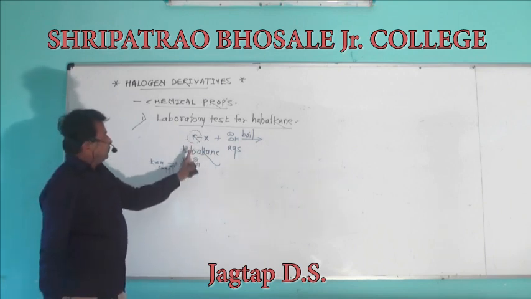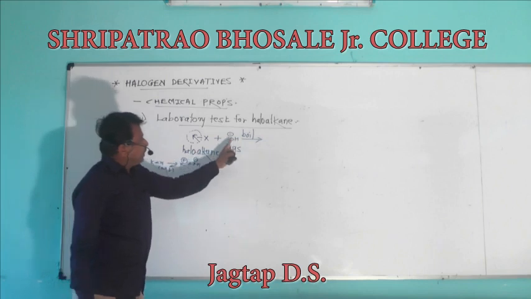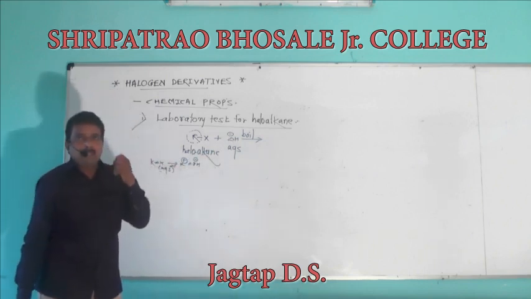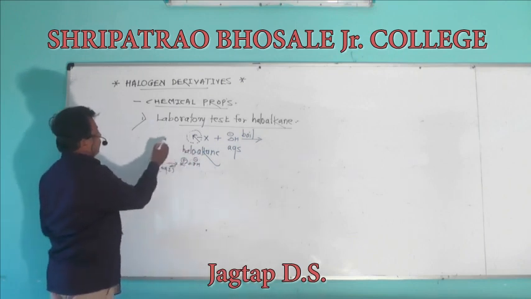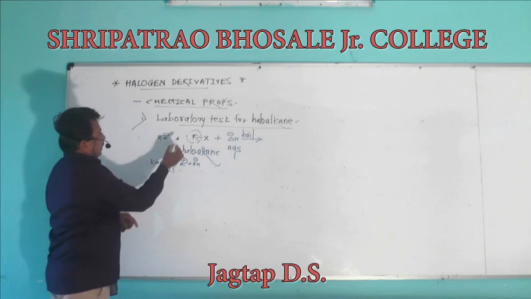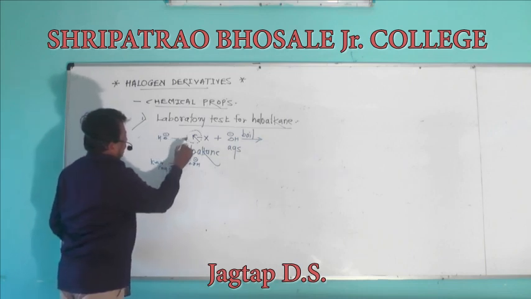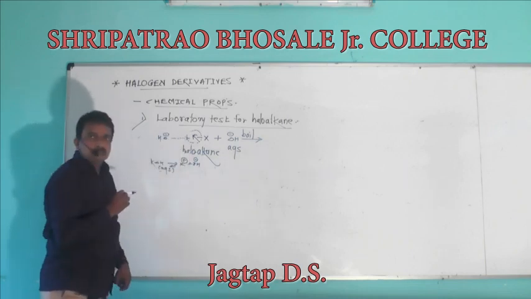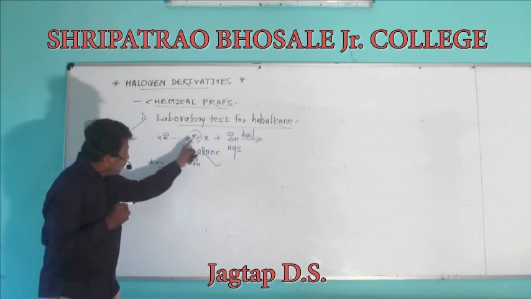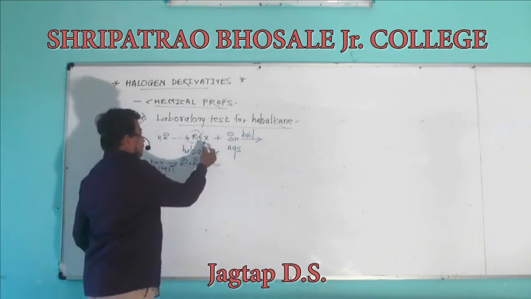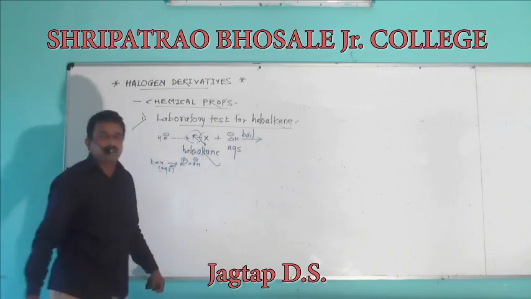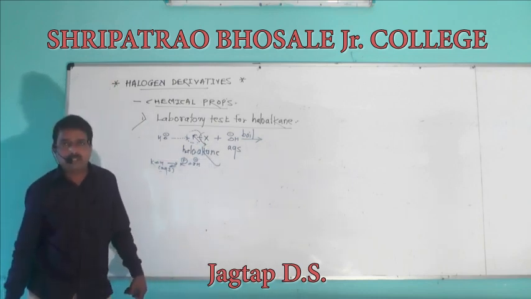That is, when haloalkane is boiled with aqueous alkali, the nucleophile, that is OH minus, approaches towards the electron deficient carbon atom. If it attacks the electron deficient carbon, at the same time the fission of the C-X linkage takes place heterolytically.